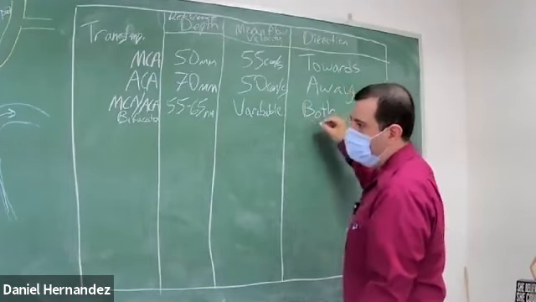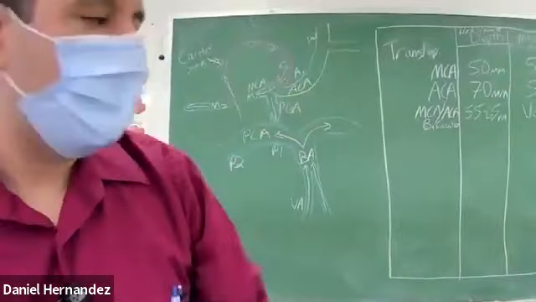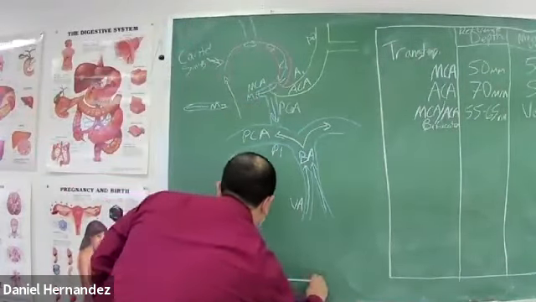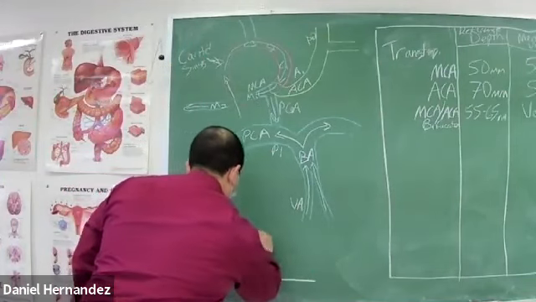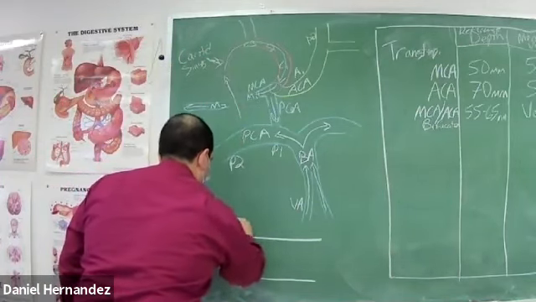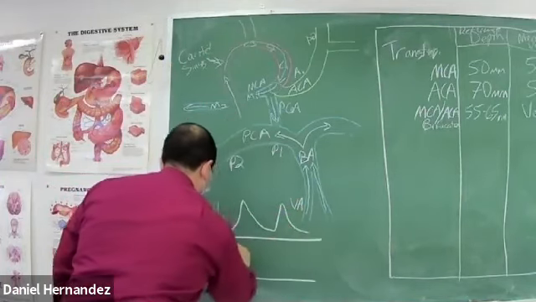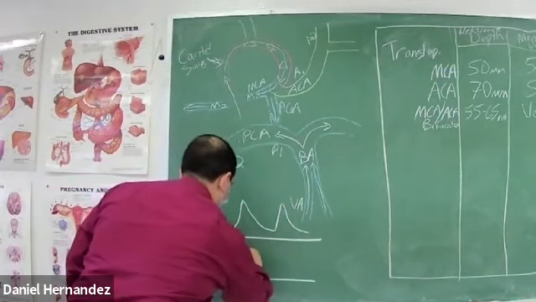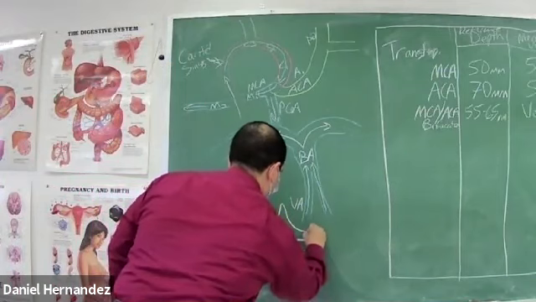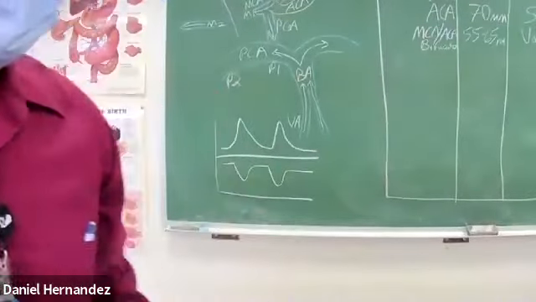So let's draw it over here. So that bifurcation waveform is going to look something like that.